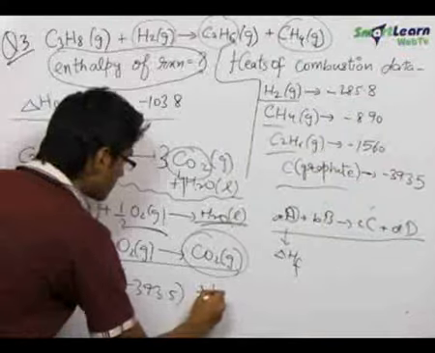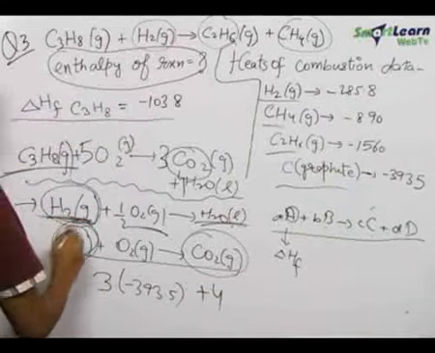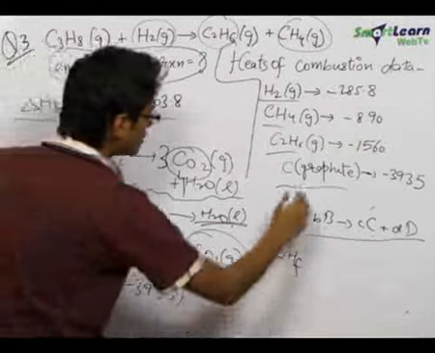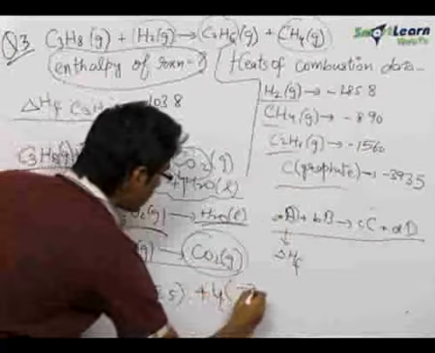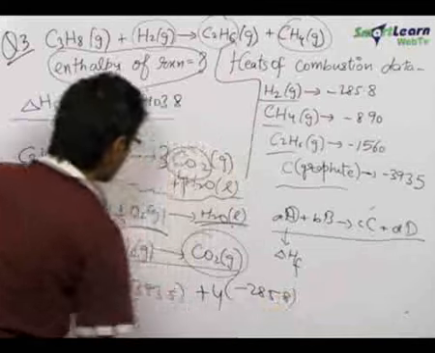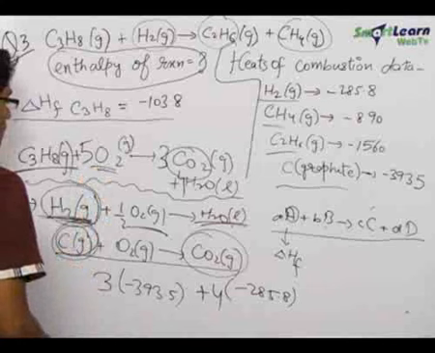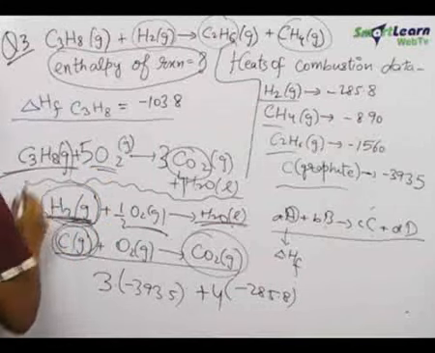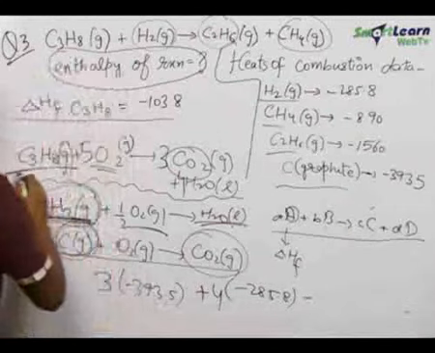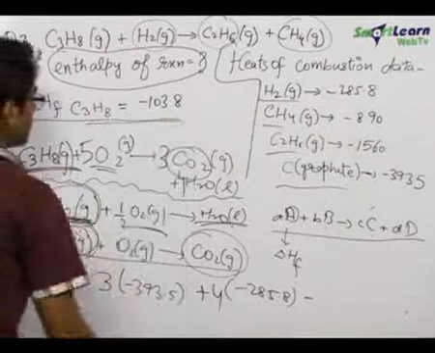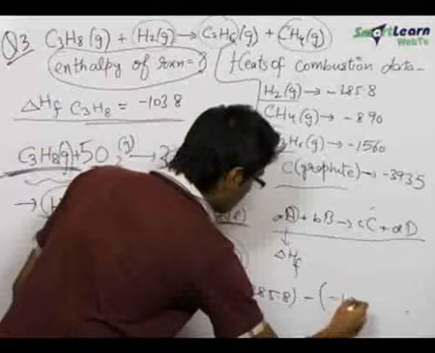So heat of formation of water is the same as heat of combustion of hydrogen. So 4 times the heat of combustion of hydrogen, which is minus 285.8, minus 5 into heat of formation of oxygen, which is equal to 0, and minus the heat of formation of C3H8, which is minus 103.8 given in the problem.